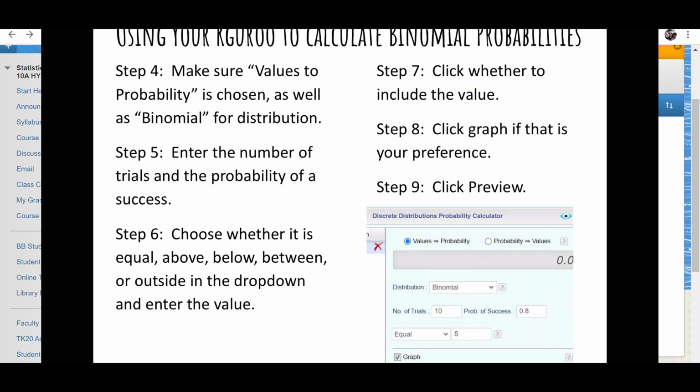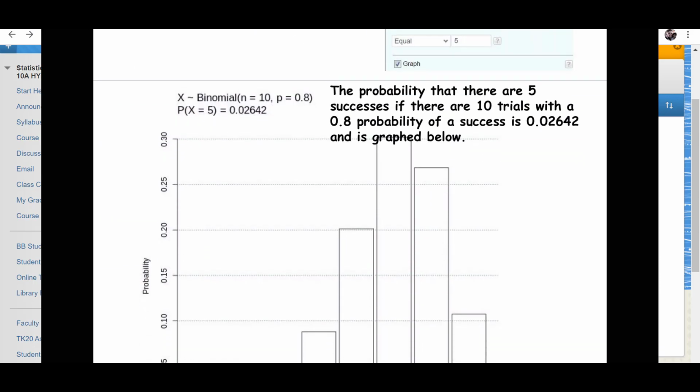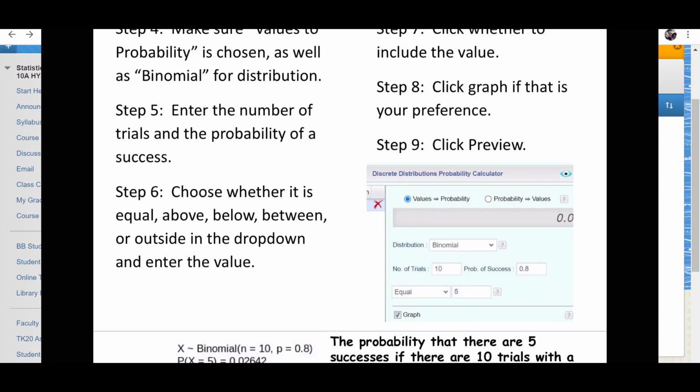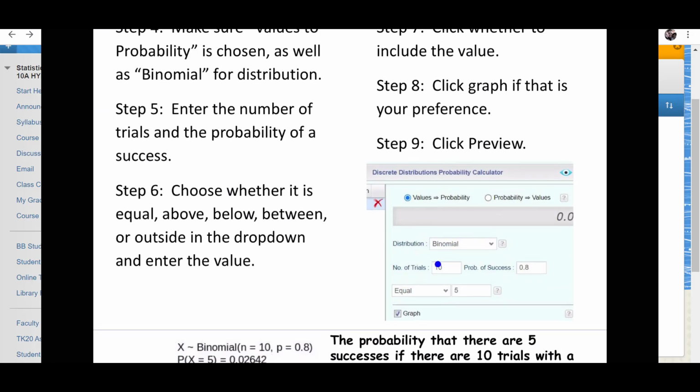Now, if you click graph, it gives you a nice visual, but you don't have to. I like clicking graph because the visual really helps you understand what it is you're finding, as you'll see in a moment. Then you click the preview button. Here I did that with a binomial distribution, number of trials 10, probability of success 0.8, and I was trying to find the probability that it was equal to 5.